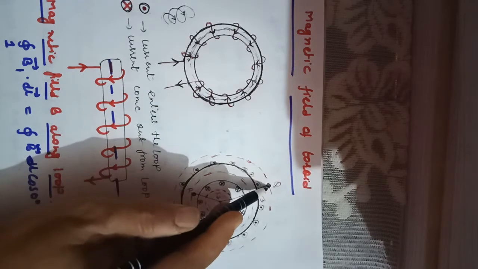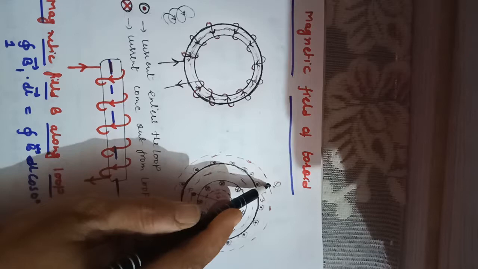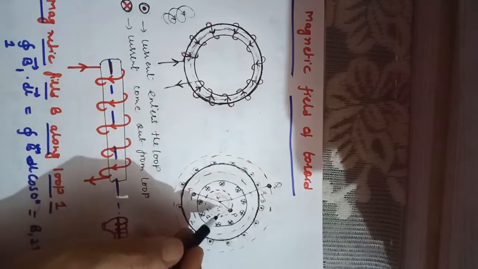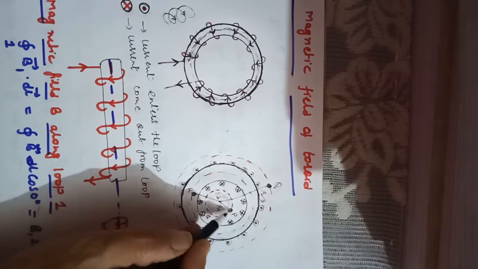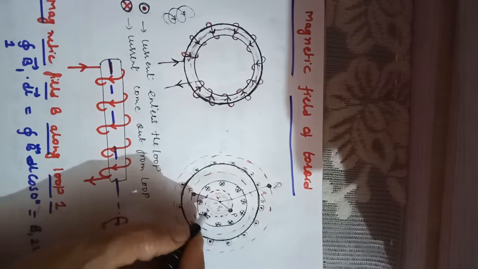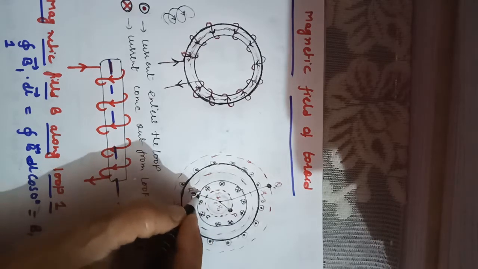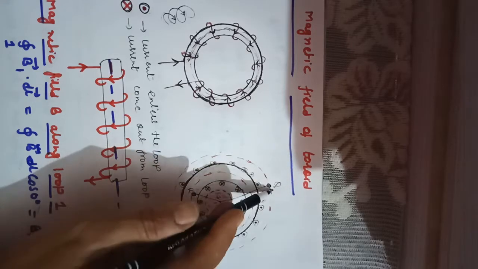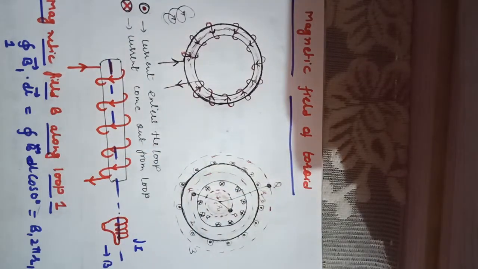Now we have taken a point Q outside the toroid, and the point R, which is on the axis of the toroid. Clear? R1 is the distance of point P from the center, R2 is the distance of point R from the center, and R3 is the distance of the point Q from the center.